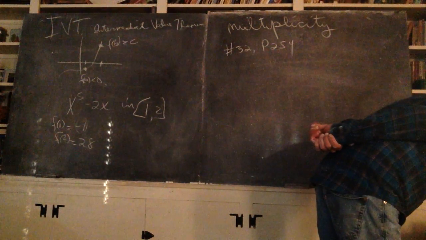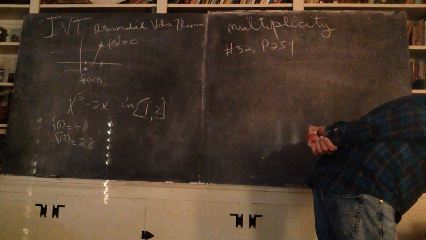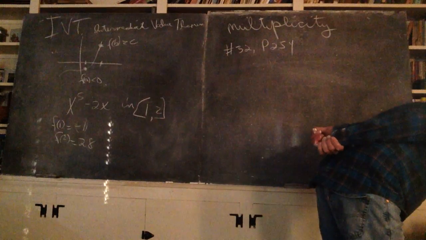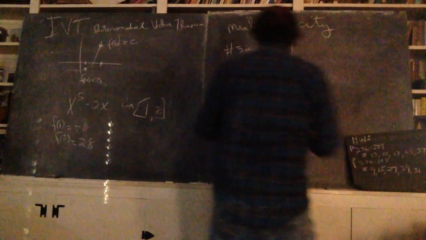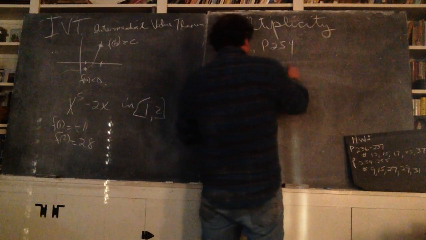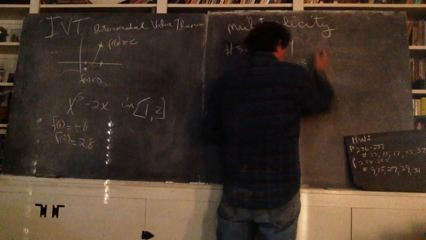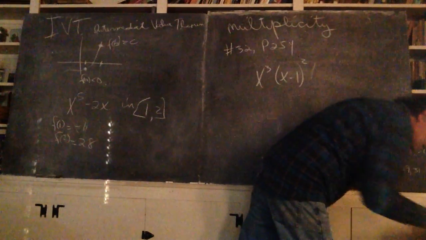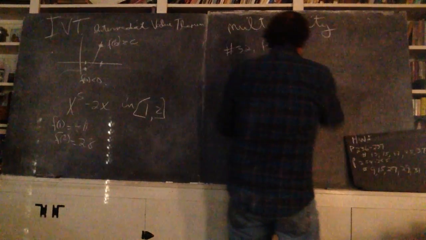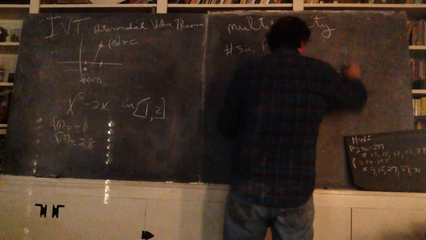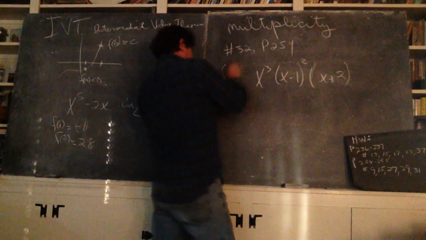It's x cubed times (x minus 1) squared times (x plus 2). This might not be squared, I'm not sure. So there's a function of x.